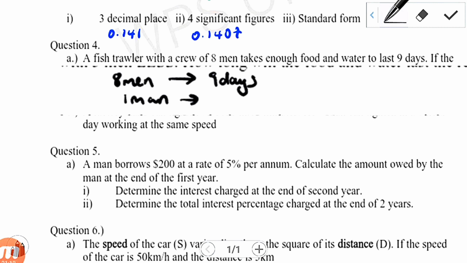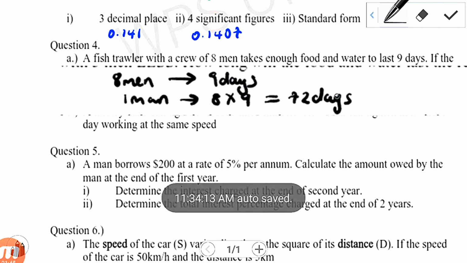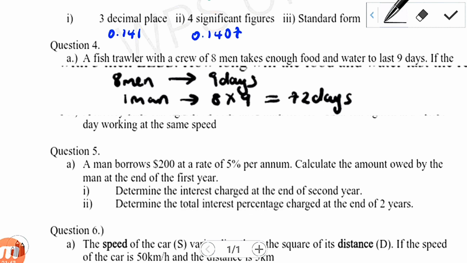How long would 1 man be able to survive if they had all that food to themselves? So obviously for 1 man, you reduce the amount of crew members, so that would take a longer time. So that's 8 multiplied by 9. So then you realize here that 1 man would be able to survive 72 days if the food is being eaten at the same rate. So therefore what we have then is 72 days to last one man. They basically reduced the amount of crew members by 3.